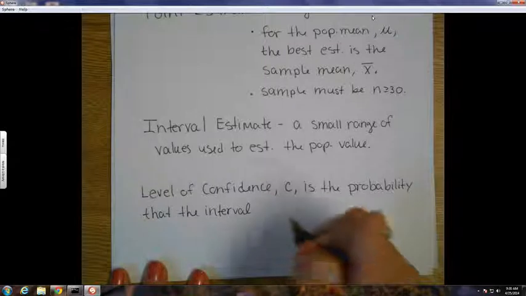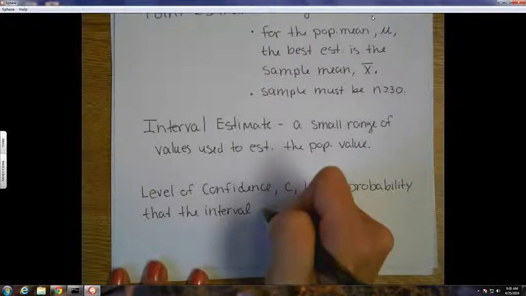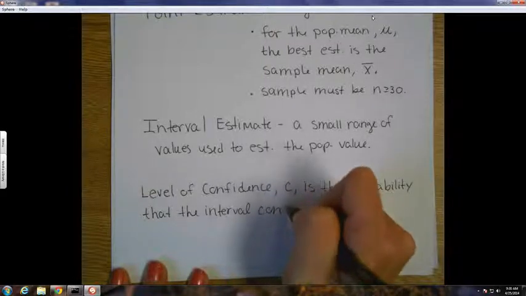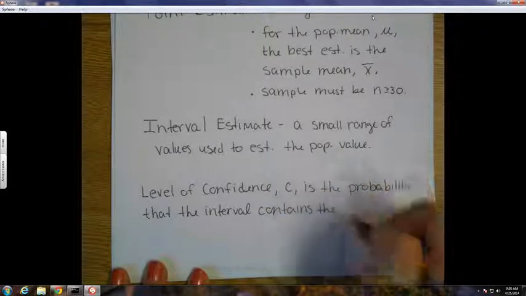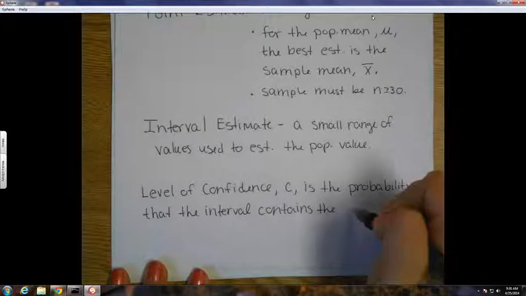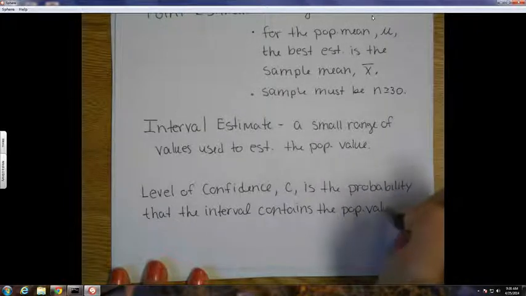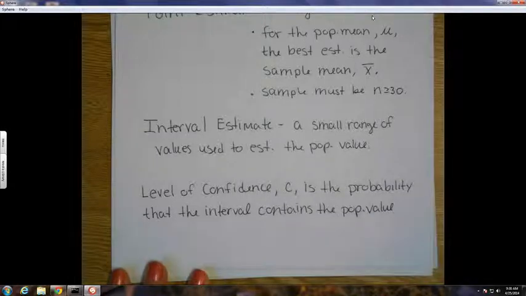The probability that the interval contains the population value. Okay, the most common levels of confidence used, 90, 95, and 99. Not the only ones, but those are the most common if you're doing statistics.